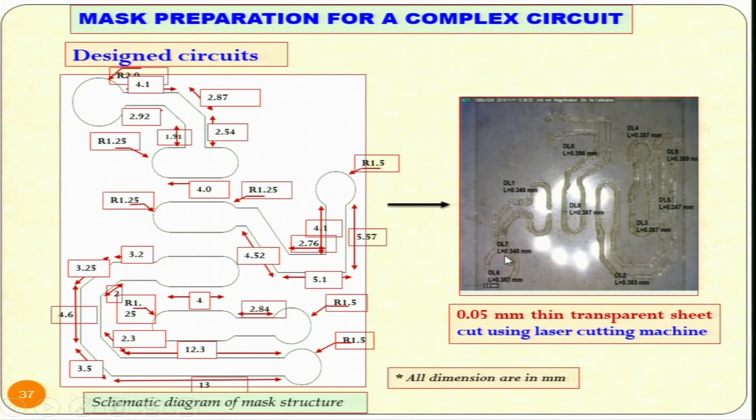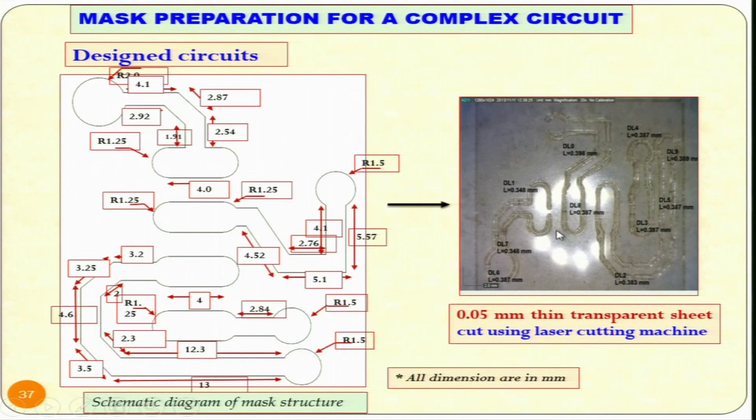Now one thing you should see clearly is the difference, because in many places this is not completely cut; otherwise it will be difficult to keep all the parts adhered or joined, and it will be difficult to adhere it on the PCB.